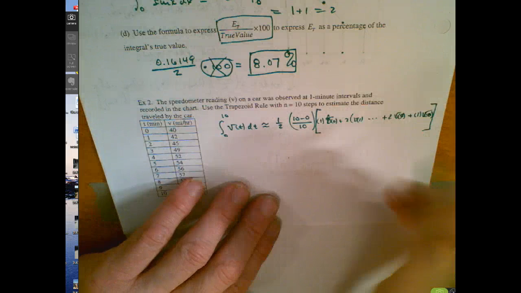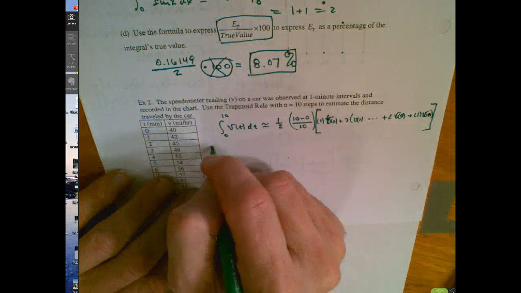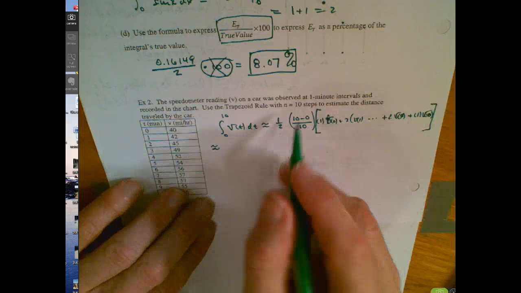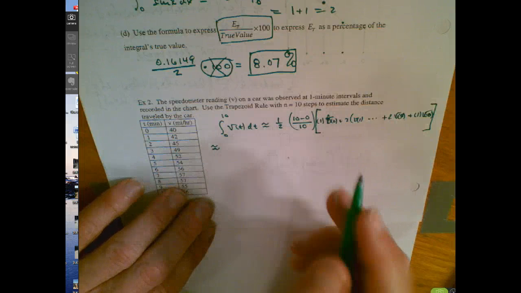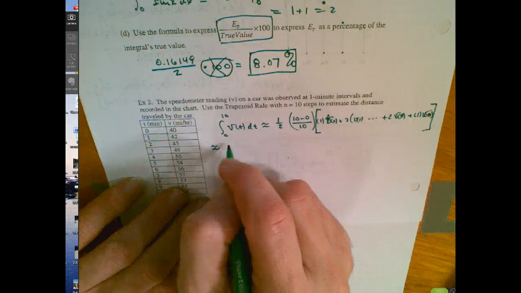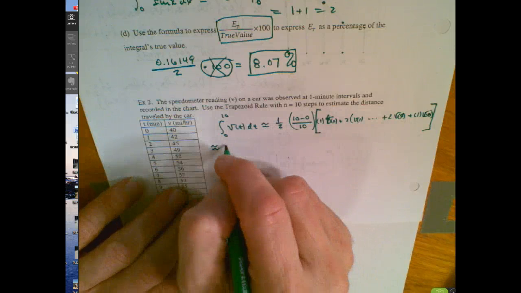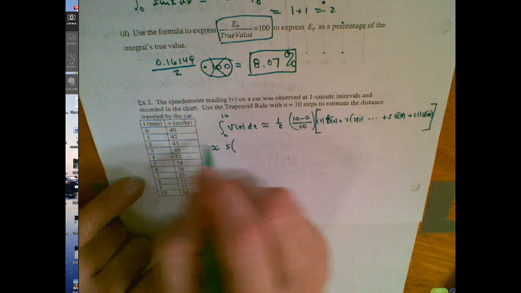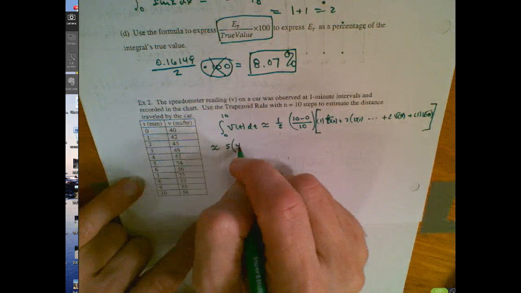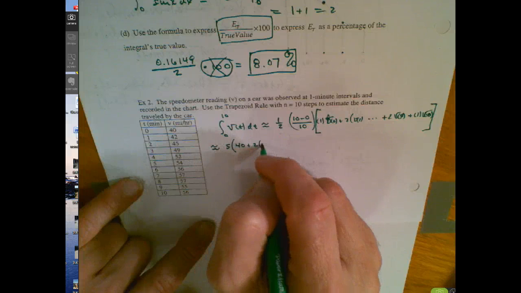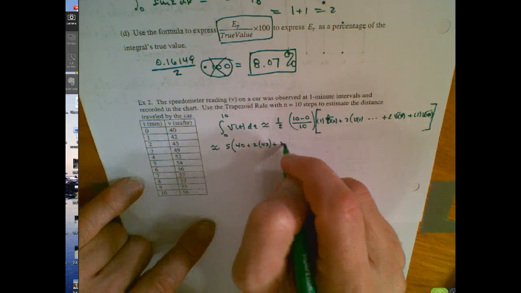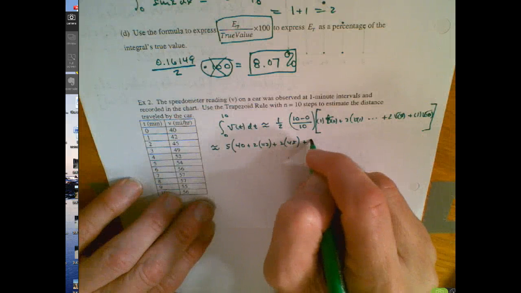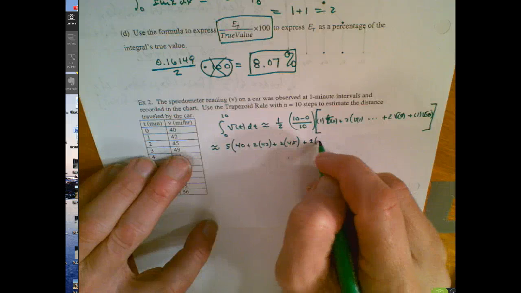Okay, so let's go ahead and put all those numbers together. Not much, it's just a bunch of organization now. Keep track of our numbers, don't make a mistake. This is pretty easy on the outside. We just see 10 over 10 is 1, and half of 10 is 5. So let's just write the numbers down. The first v of 0 is 40, plus 2 times 42, plus 2 times 45, plus 2 times 49.